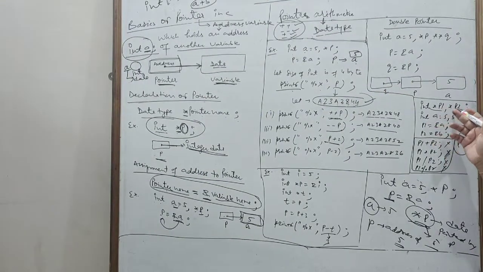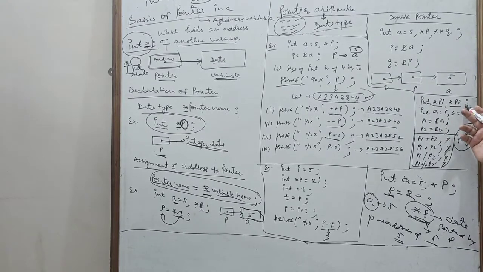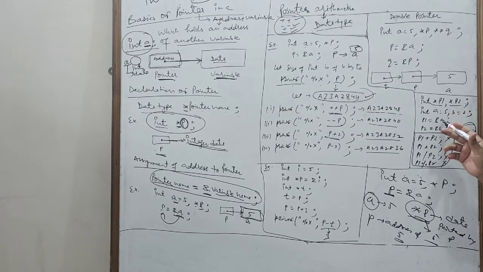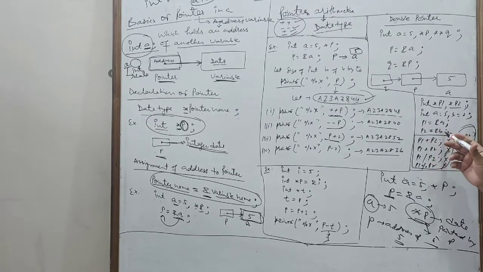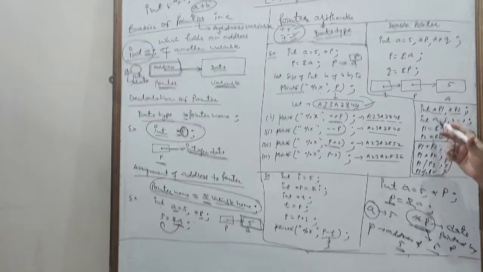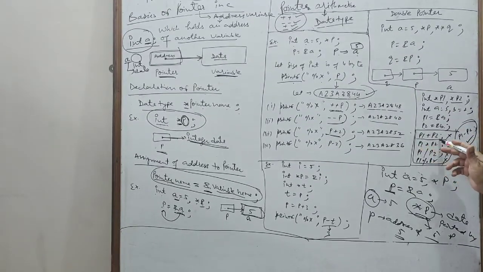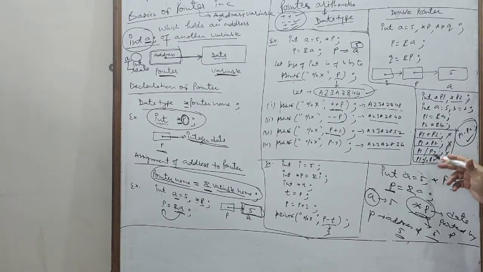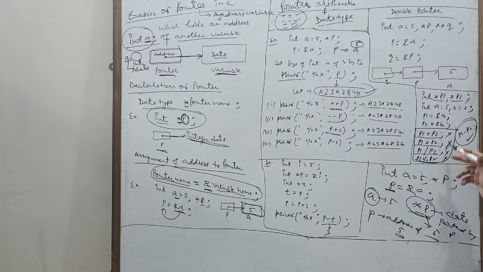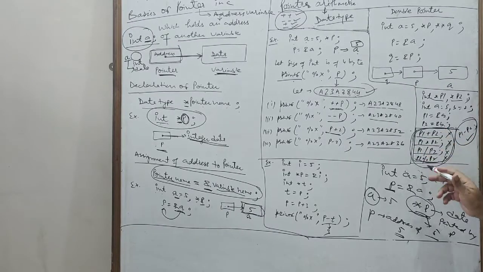Here remember one thing also. Suppose we have two pointers, p1 and p2, both of integer type. p1 + p2, p1 * p2, p1 / p2, p1 % p2 are illegal or not permissible.